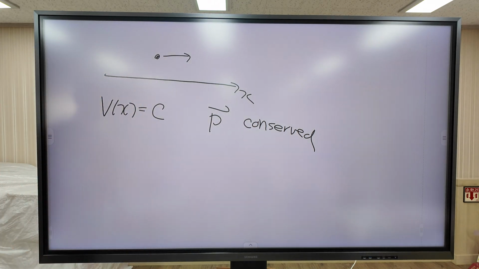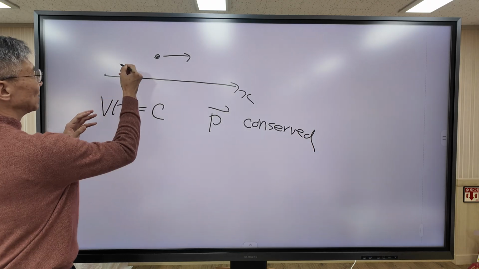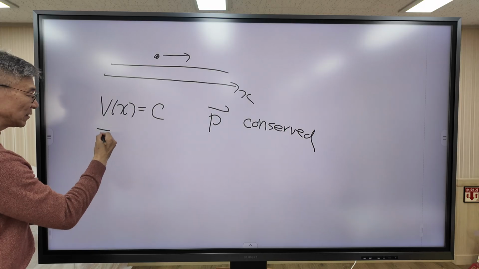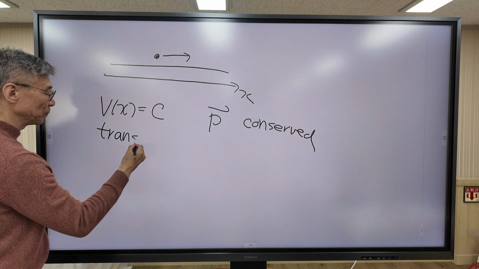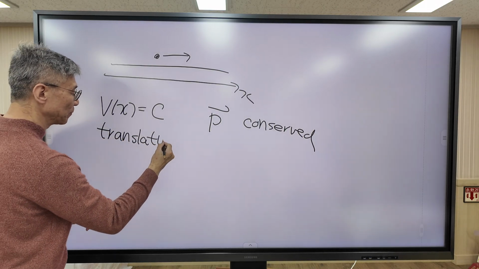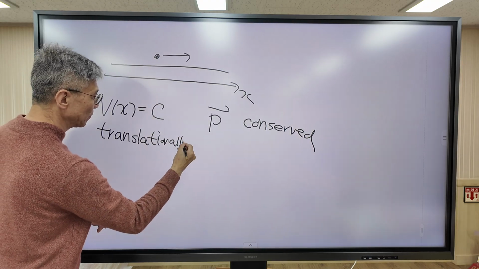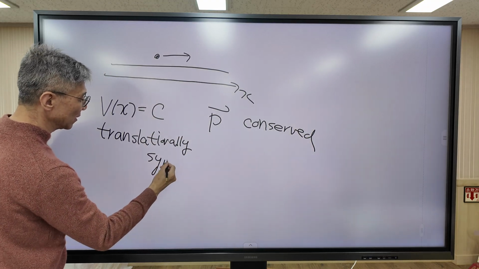So we can say that when the potential is constant, another way of saying that is that the potential is translationally symmetric.